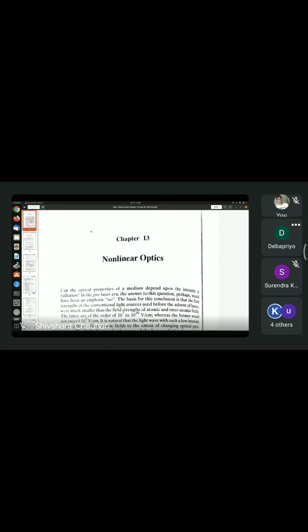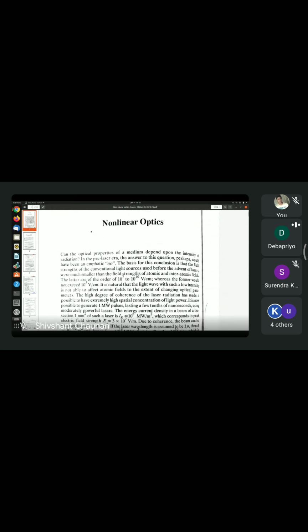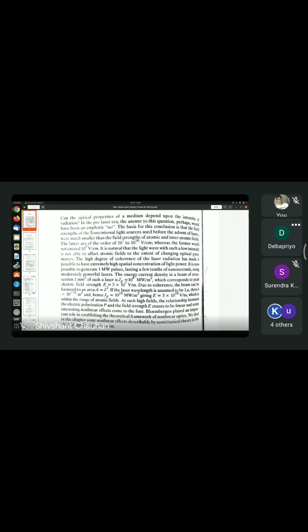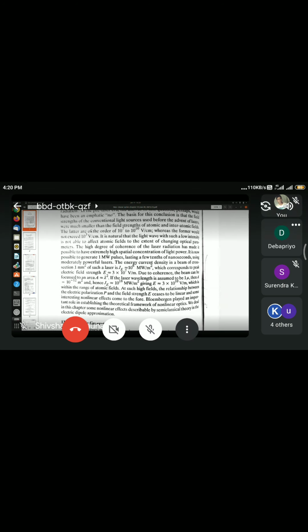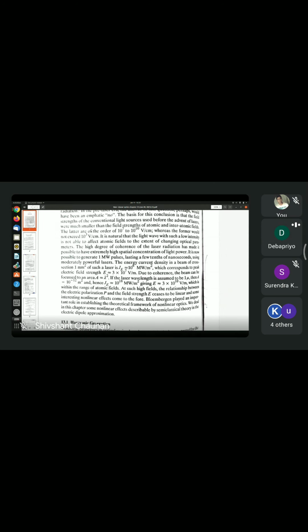So if you scroll down slightly, now what is the kind of electric field that is associated with a laser beam? Suppose a laser beam has a power of 10 to the power 6 watt, and the cross sectional area of the beam is 1 millimeter square.